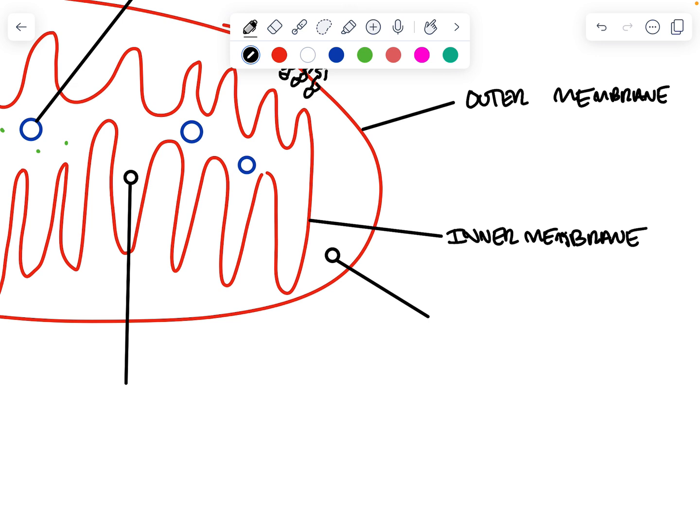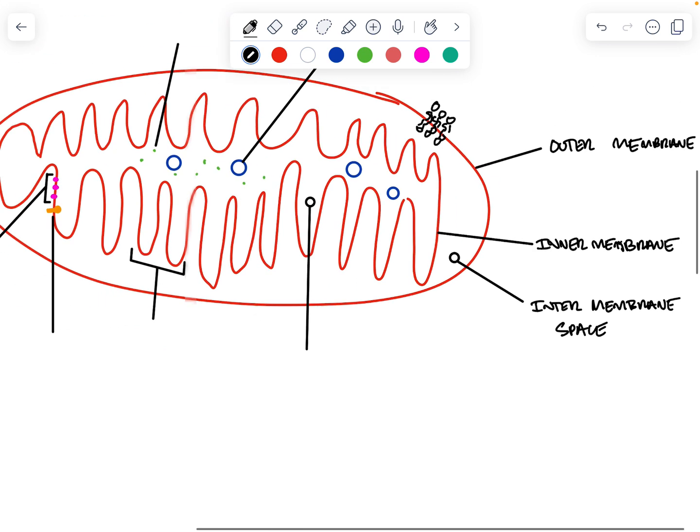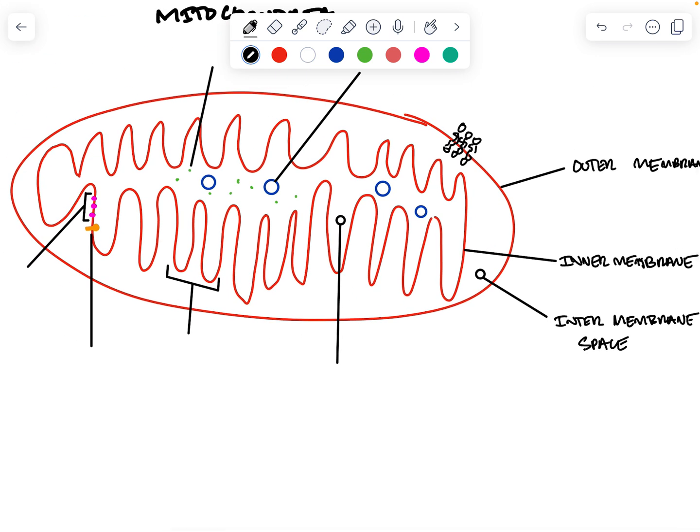In between the outer membrane and the inner membrane is called the intermembrane space. And inside of the inner membrane is called the matrix.